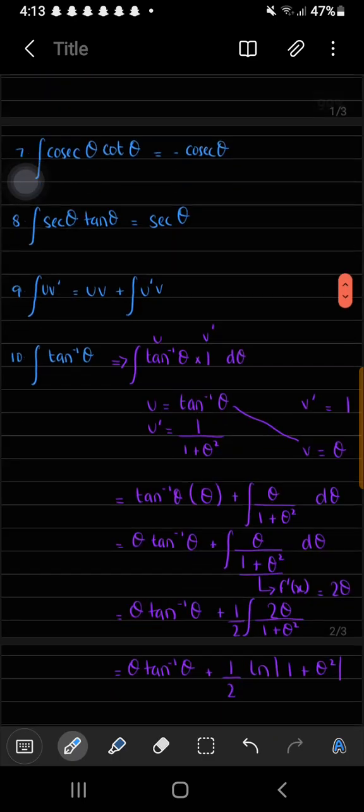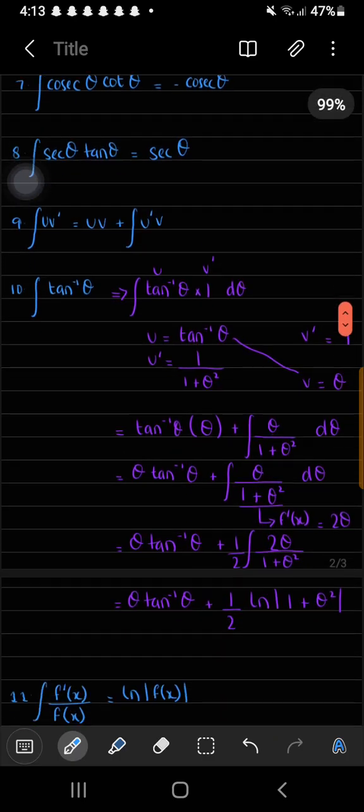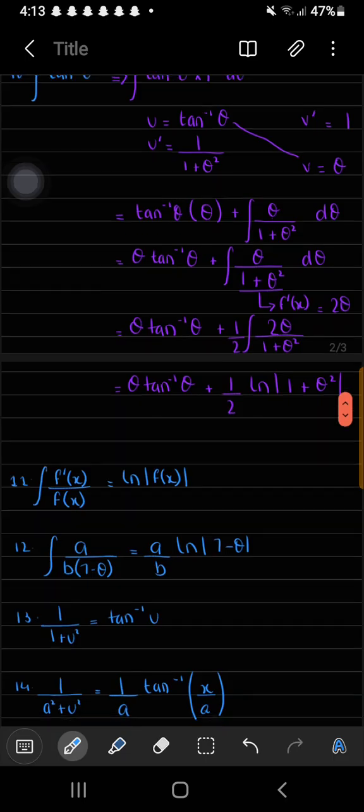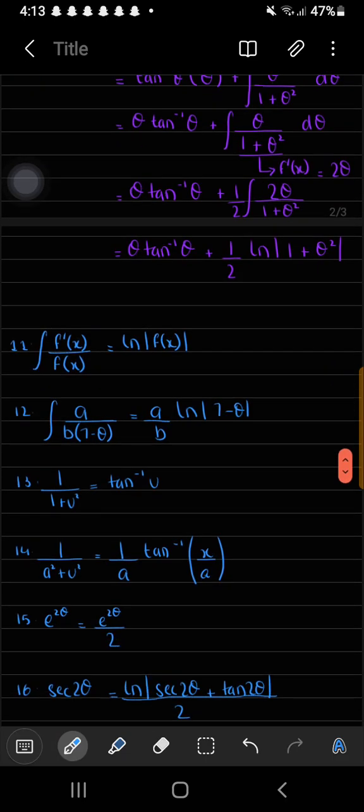Then we use by parts, and we got the integral of tan inverse theta as theta tan inverse theta plus 1 upon 2 ln modulus 1 plus theta square. Then we learned about a shortcut, and we also used that shortcut.